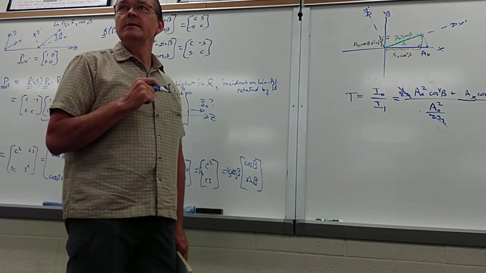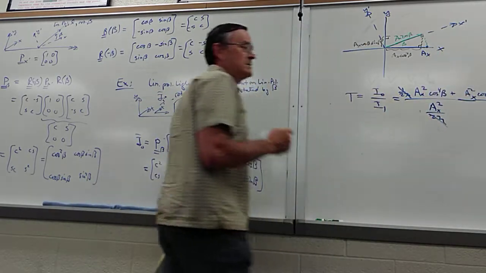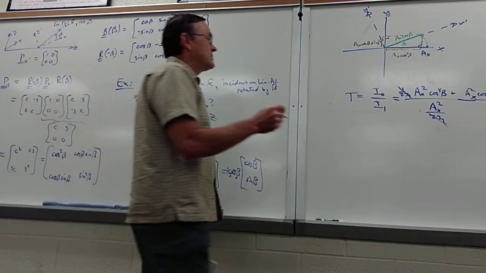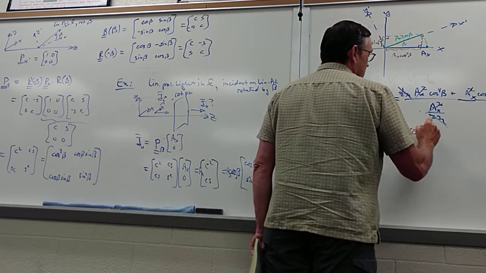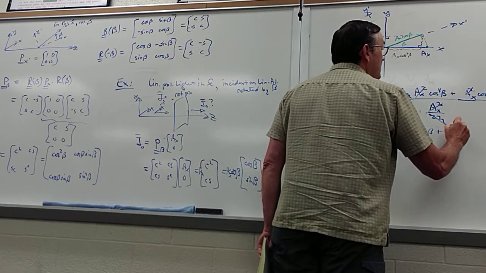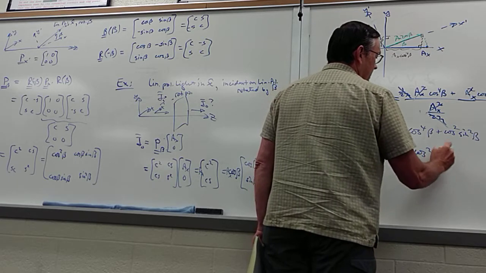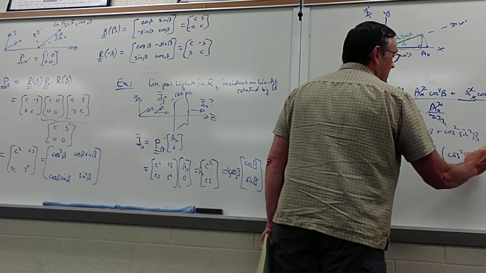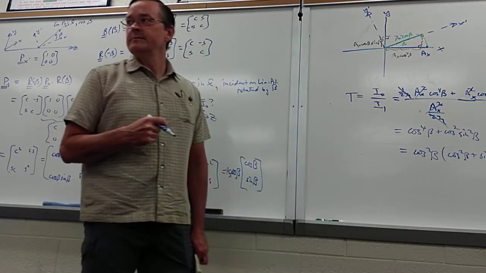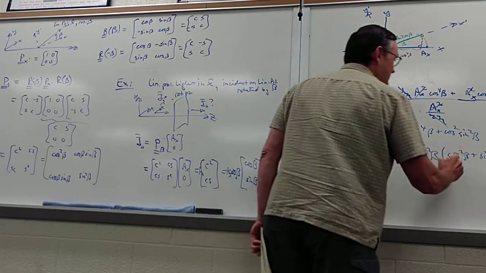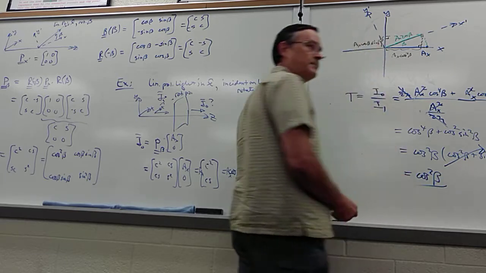Cosine to the 4th, and ax squared. So ax squared cancels out, so let's get rid of those. We're left with cosine to the 4th beta plus cosine squared beta sine squared beta. We've got a common cosine squared beta between those two terms, so we'll pull that out. And hey, what's left is just 1, so we're left with cosine squared beta.